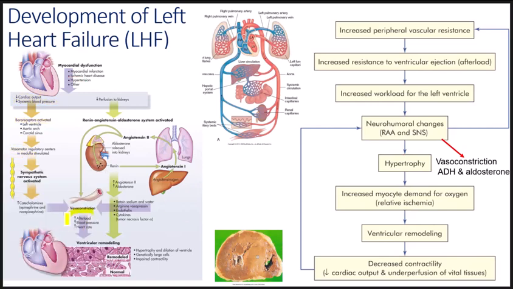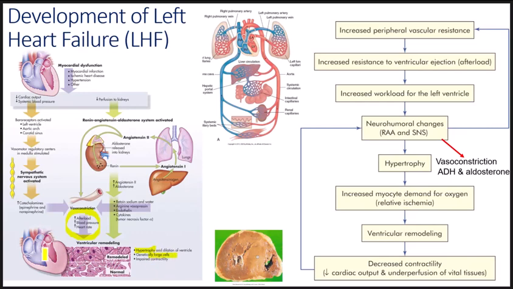These three variables occurring all of the time because of the left heart failing eventually are going to be too much for the heart. The heart will start to change. You'll see hypertrophy, as we've discussed in the past, so we have these very large cells.